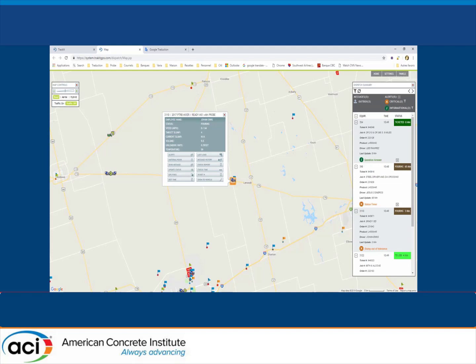If we don't see a slump measurement, we know that he's driving down the road at too high of RPMs, and it could be a driver management issue with the plant manager as well. But we can look at them on site, we can look at them en route and see the trend and click on any of the icons of the trucks en route to the job site.